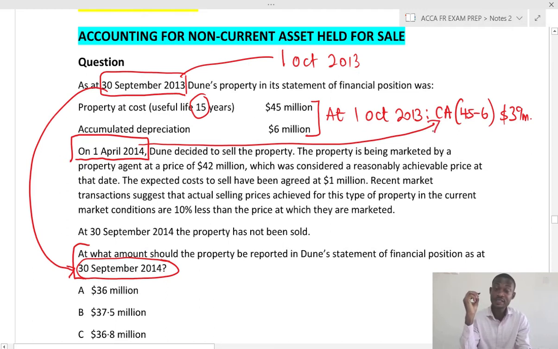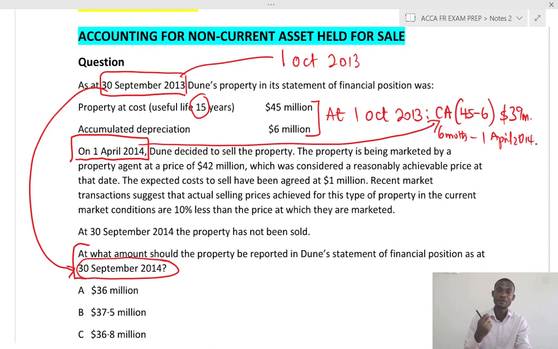From 1st October 2013 to 1st April 2014, that will be 6 months, because we have October, November, December, January, February, March. Very important. So as we begin to account for these assets held for sale, we need to find the carrying amount of this asset as at the date of 1st April 2014.